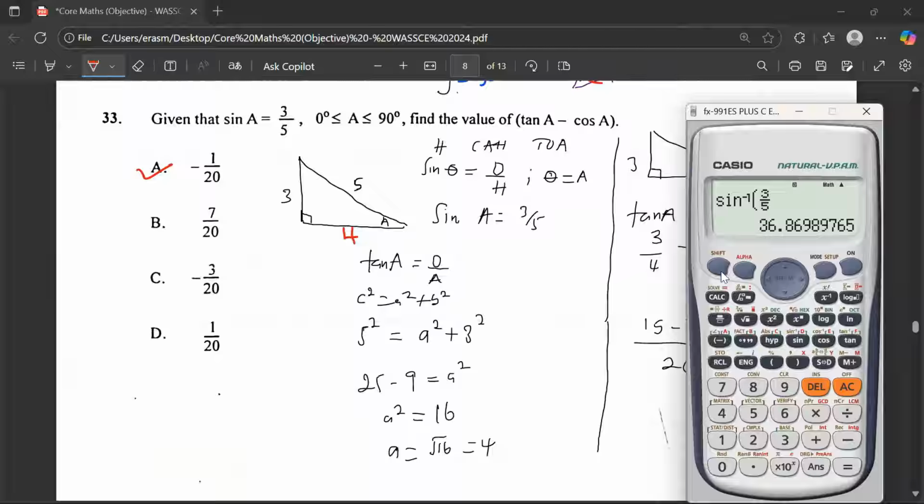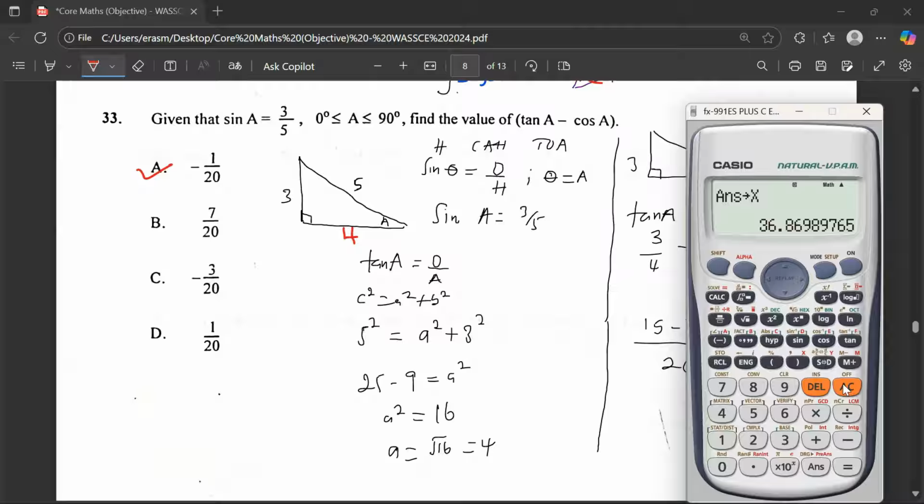So we are going to store A as S, right? Which is this value. So shift, store, and then as X. So S is now 36.869. That is the value of A. But we are storing it as X on the calculator, right? Okay.